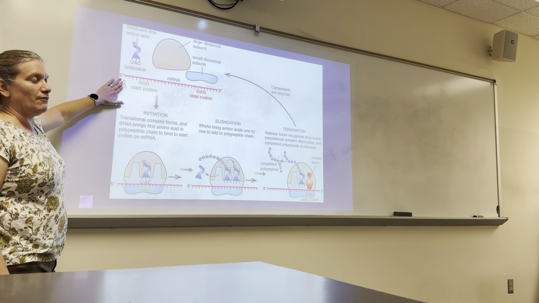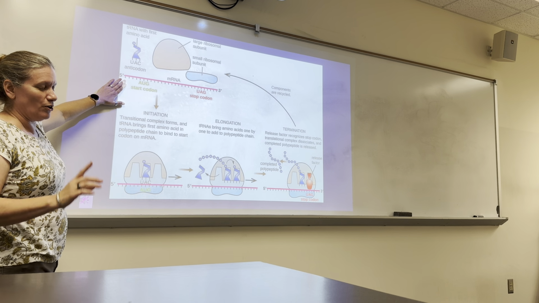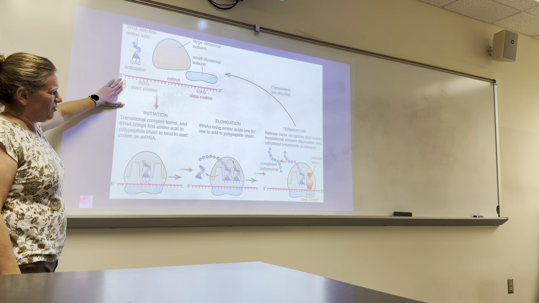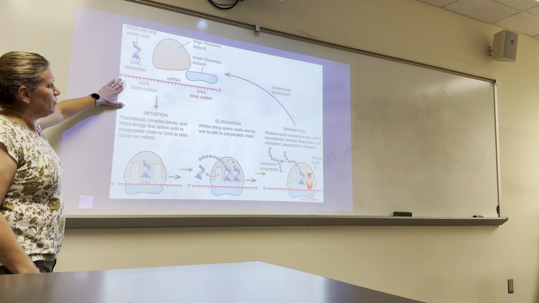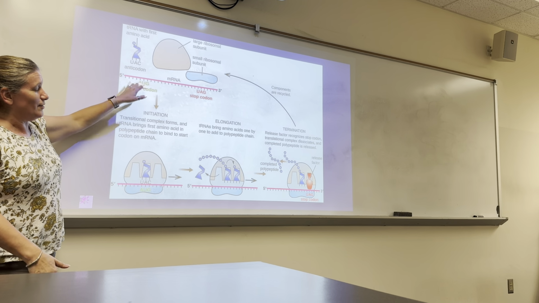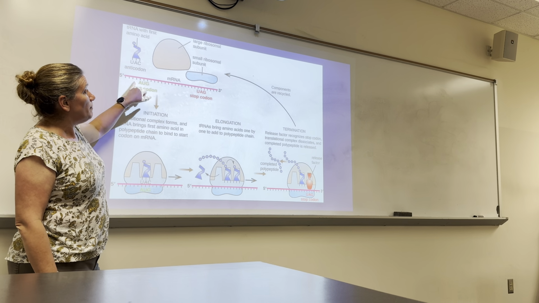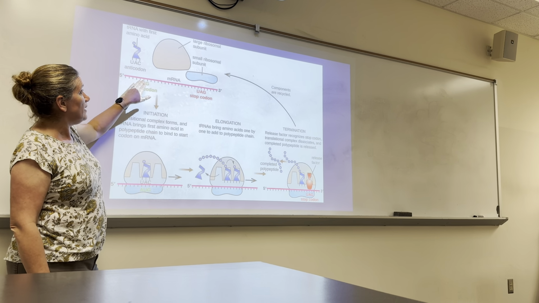Sorry, I'm going back to that figure I just said I didn't like, because it has the 5' and the 3' backwards. The picture is backwards, but regardless, it's irritating me. But anyways, the small subunit is going to bind to the 5' end of the messenger RNA and scan until it hits the AUG.